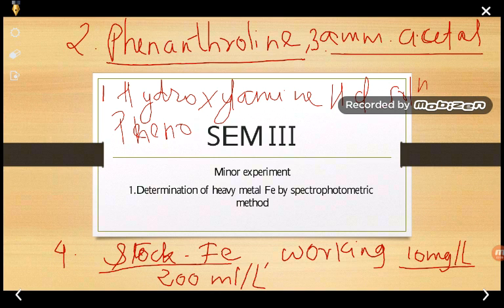From this stock solution we have to prepare the working solution, that will be 10 milligrams per liter. These are the chemicals, and the instruments required are the standard volumetric flasks, tubes, etc., for the preparation of these chemicals.